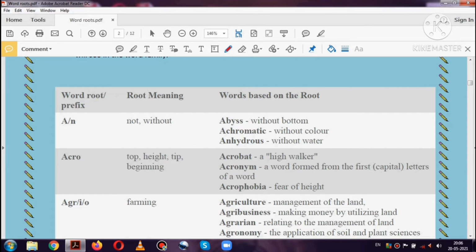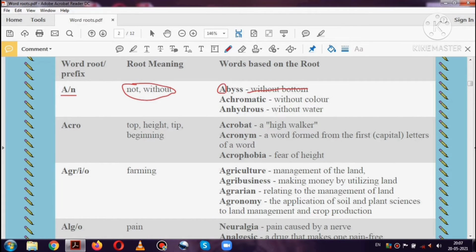The first word root is N or A, which means not or without. The first word is abyss: this word starts with A, which means not or without, so abyss means without bottom. The next word is achromatic.